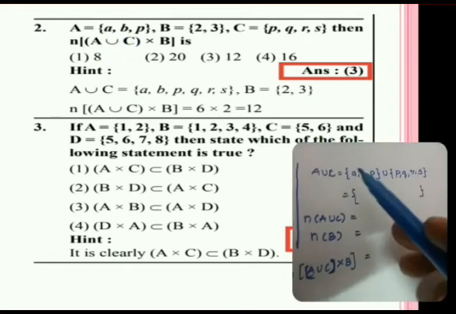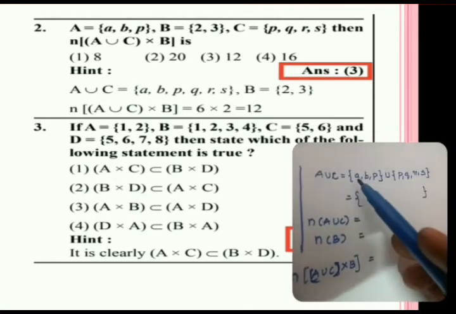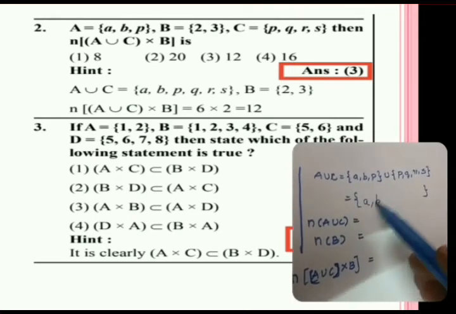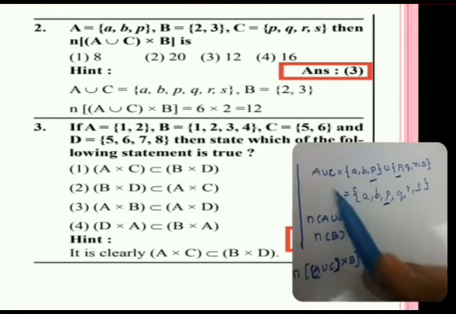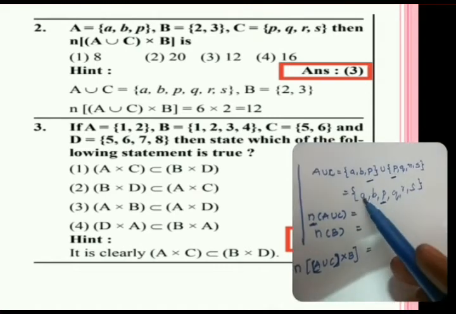Let us combine the elements here, writing the A set union C set in ascending order: a, b, p, q, r, s. But what you notice from sets A and C is that p occurs in both sets, and we should write it only once. So {a, b, p, q, r, s} is the value of A union C. n of A union C is obtained by counting the elements: 1, 2, 3, 4, 5, 6.